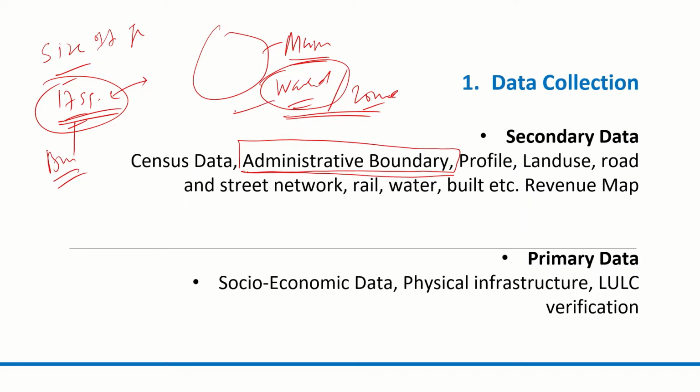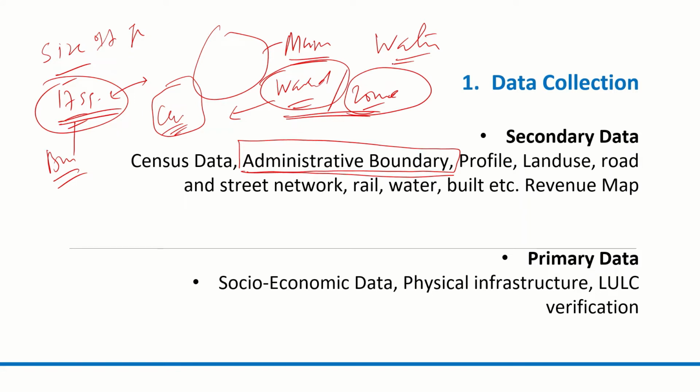For example, electoral wards can also be useful if you can have access to the boundary of electoral wards. Or if you are looking for zones, for example, water supply distribution is done based on zones.